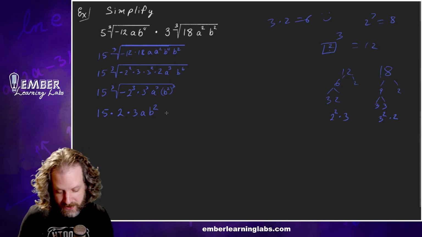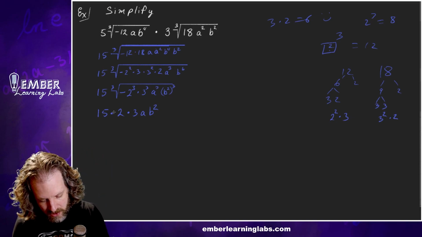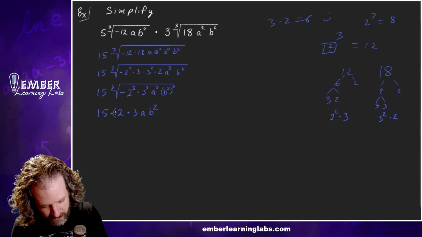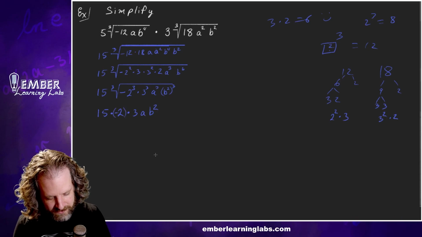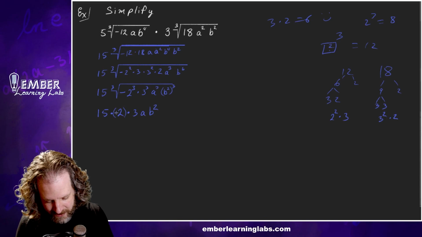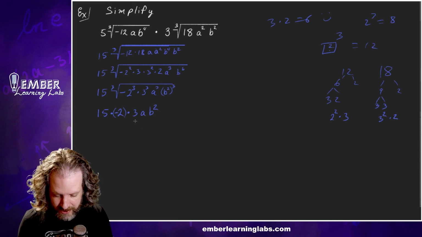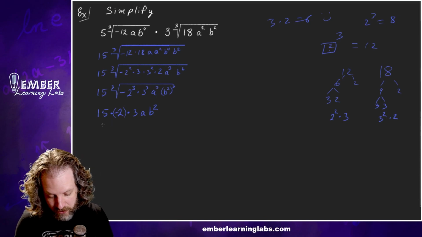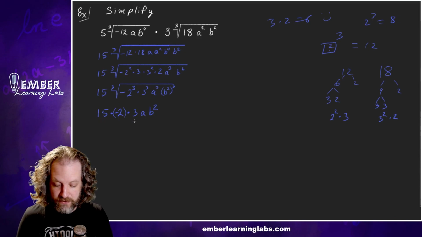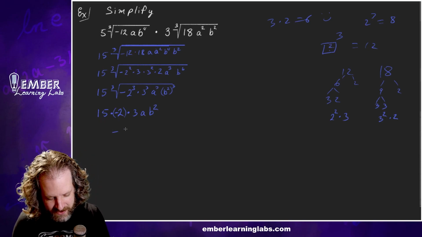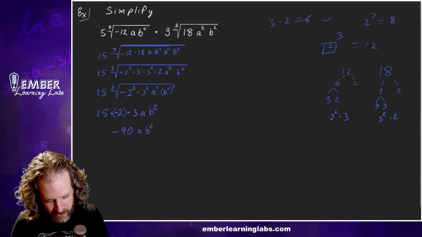Now we just do 15 times 2 times 3, which, oh, what did I do? I left off a negative, right? Gotta have that there because it's an odd root. The negative stays. It doesn't go away. So 15 times negative 2 times 3 is negative 90. So negative 90 a b squared.